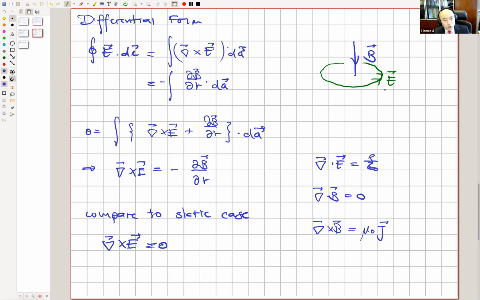Well, the E field goes in the direction such that it produces a current, which will induce a field which will oppose the motion. Because you can think about it the other way. If it enhances the motion, then you'd end up in a situation where I could get an infinite motor.